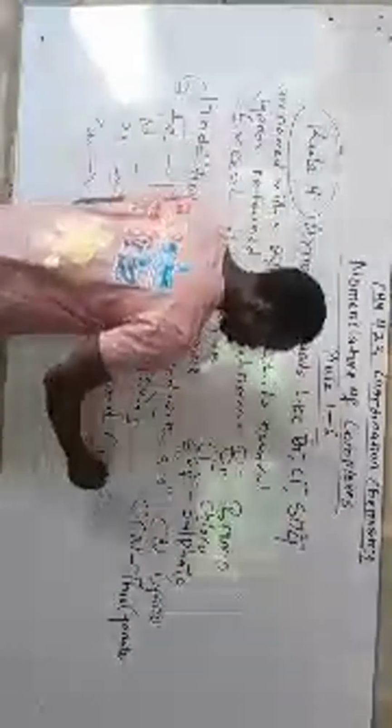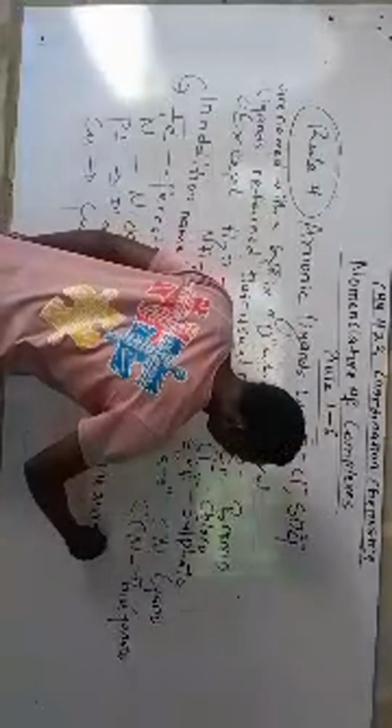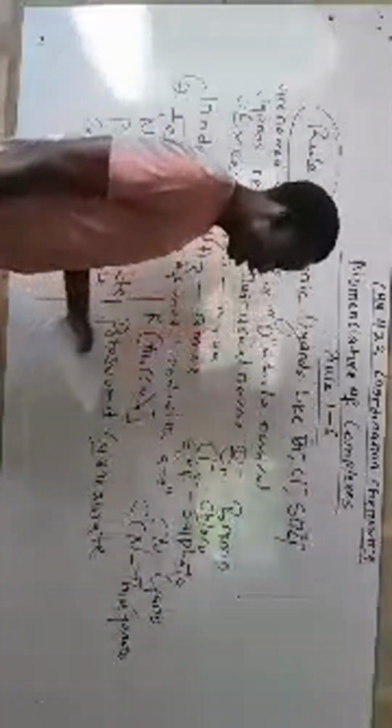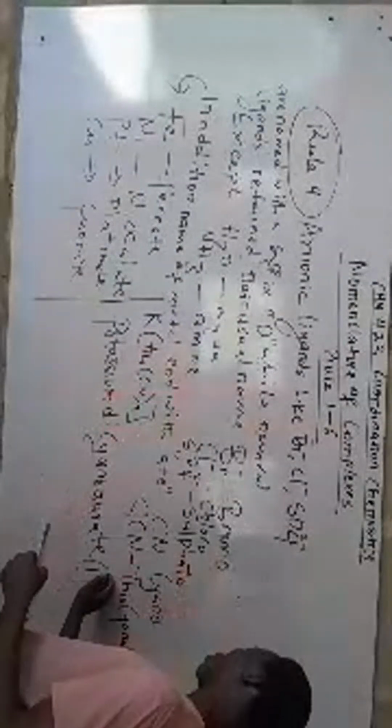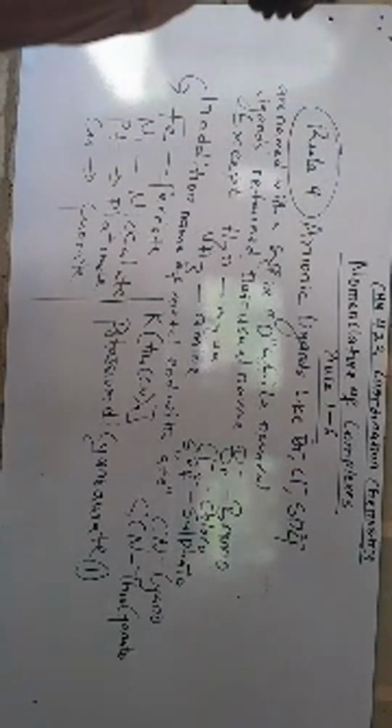This is aurate. The ion of that aurate will be aurate 1. That is exactly what we have there. Okay? So that is that about that there.